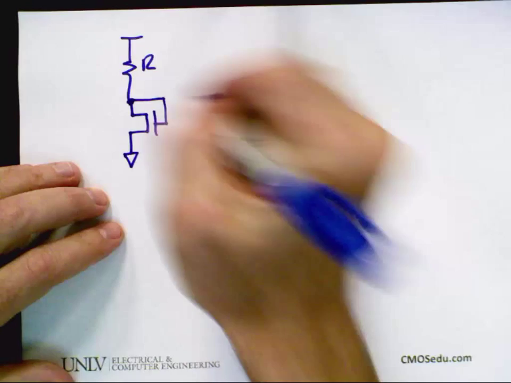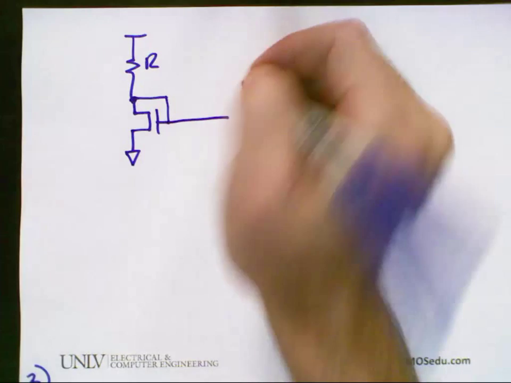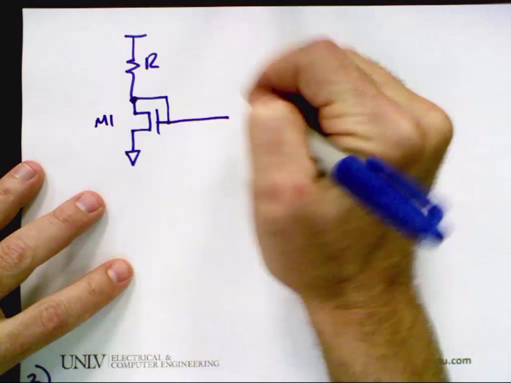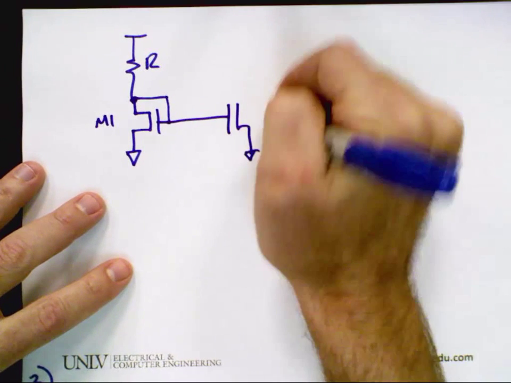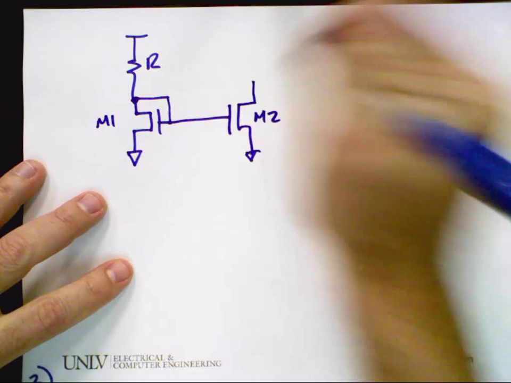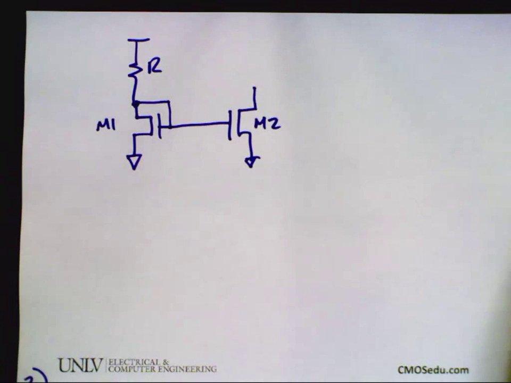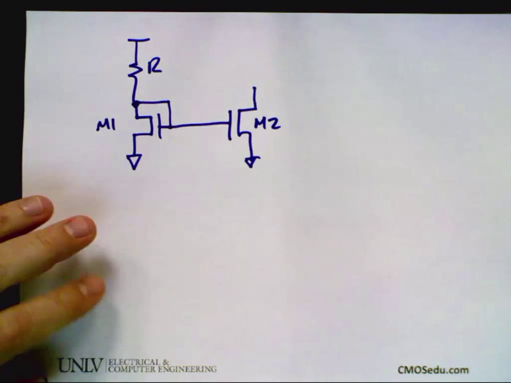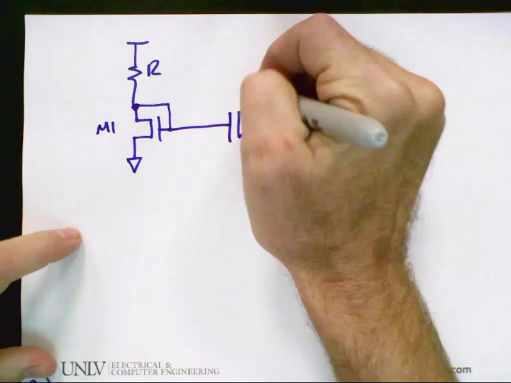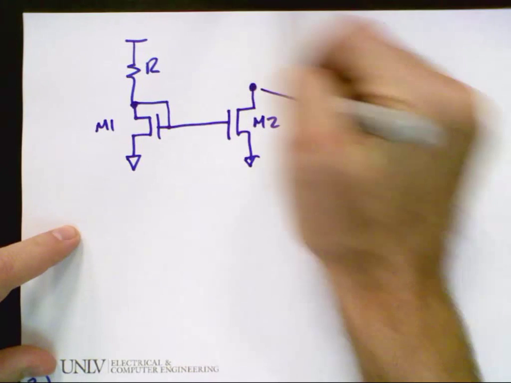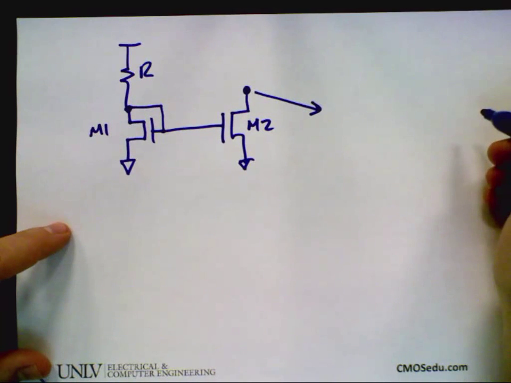And let's just assume the same size devices. We'll call this M1. We'll go over here, and this will be M2. And I ask you, let's ask some real simple stuff to begin with. What do I think of this point here?